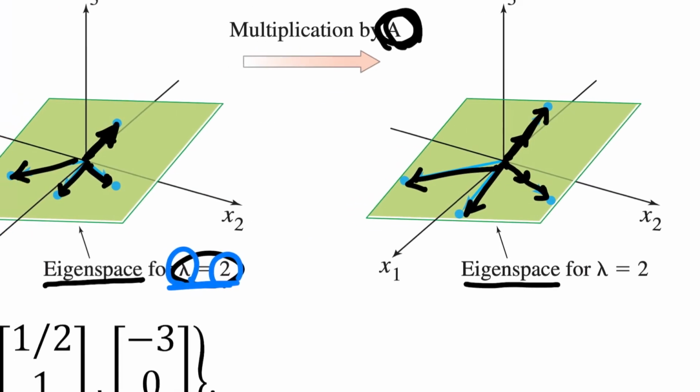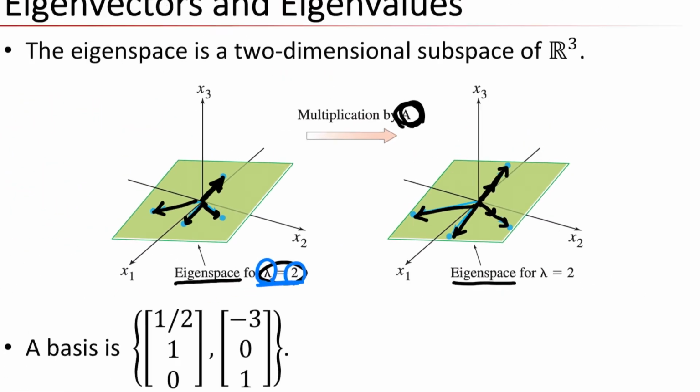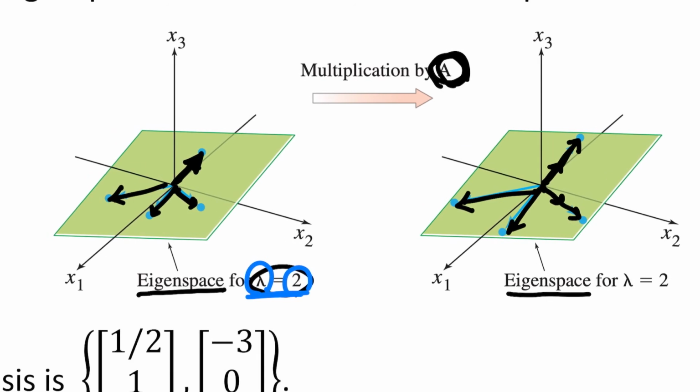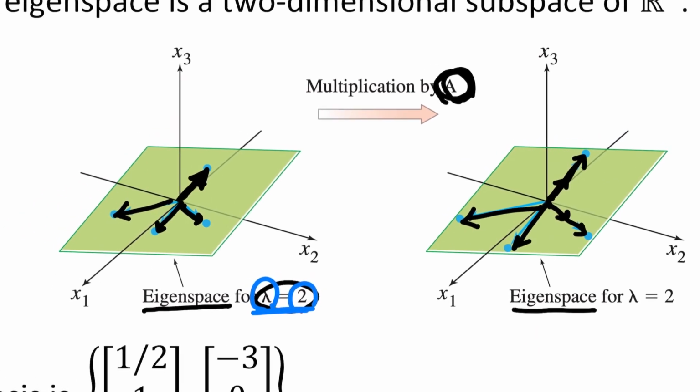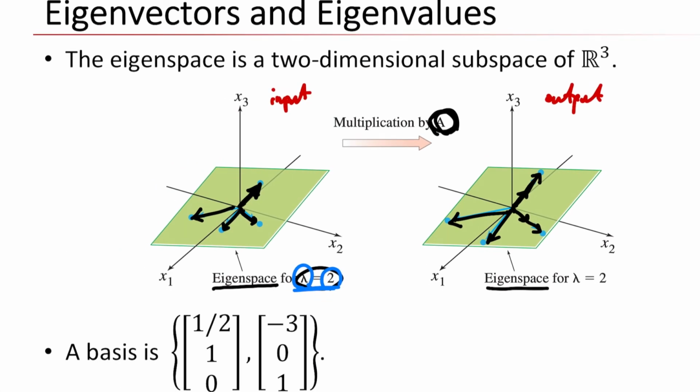So this is very interesting, right? As you can see here, if we consider the eigenspace in the input domain and output domain, the eigenspace is still the same, right? The only difference is that they are built with scalar multiples. Without this, the eigenspace would be exactly the same for input and output space.